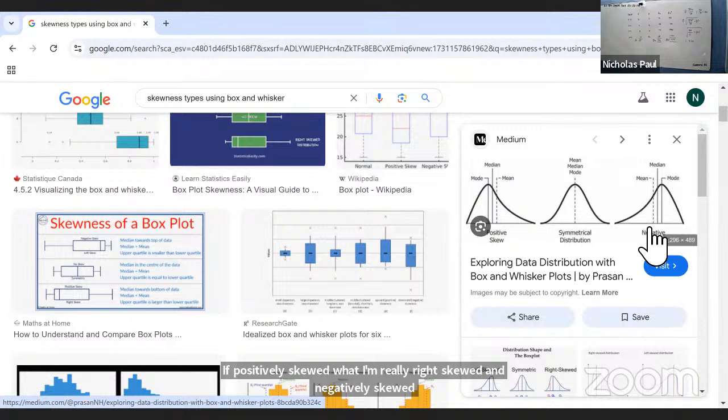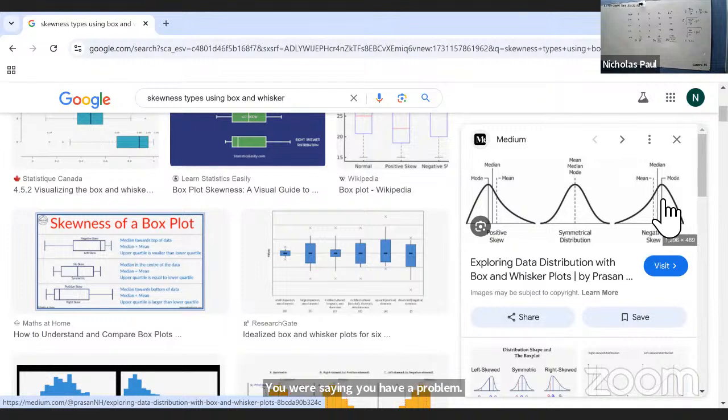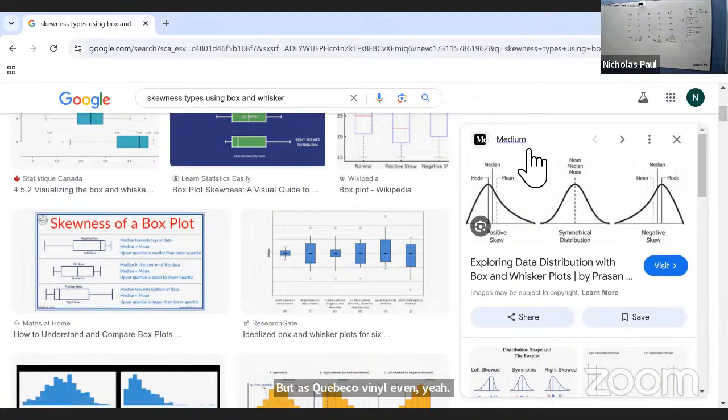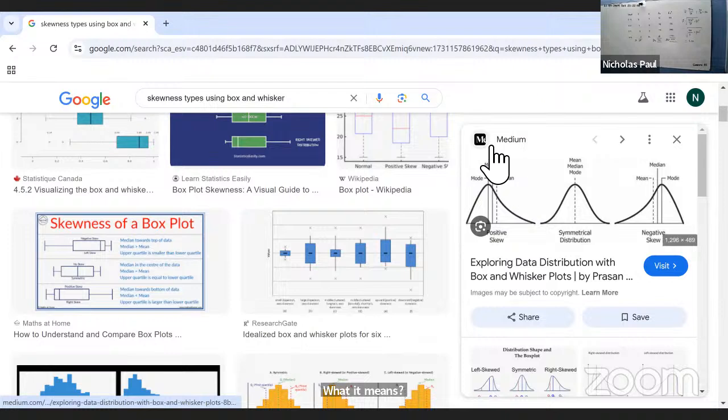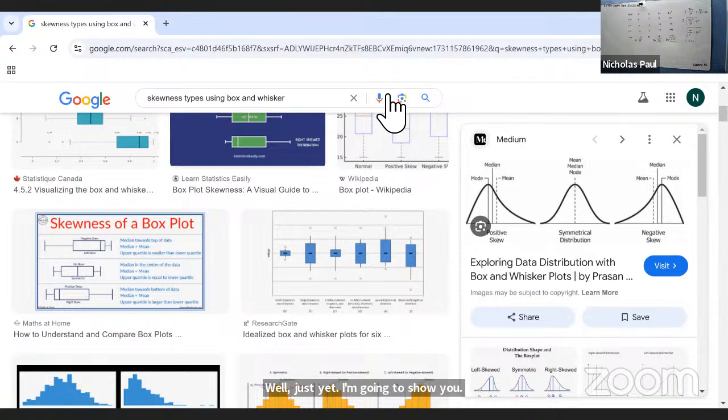Okay, so let's go back over and label here. What it means? Let me show you, before you mix it up, right?